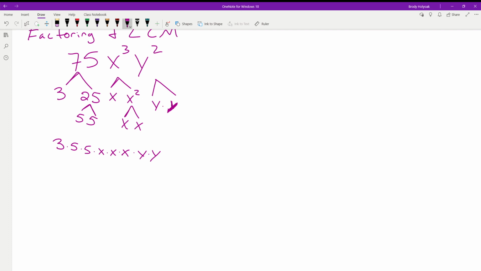So one more example. We have 14ax squared. What are the factors of that value? 2 and 7, x and x, and a.